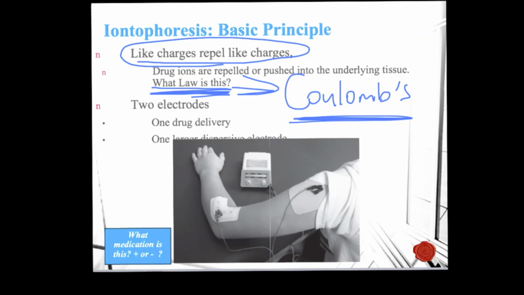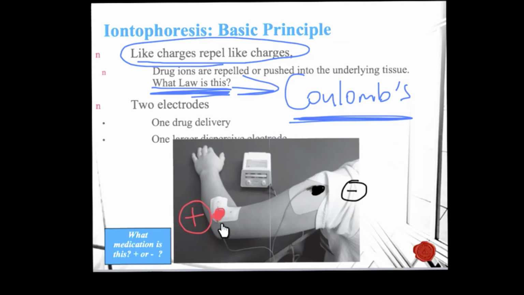Although the picture is in black and white, you can see right here you have a red electrode, so that would be positively charged. And then you have a black electrode, which would be negatively charged. You could also tell by the size that this one is smaller and this one is a larger electrode.